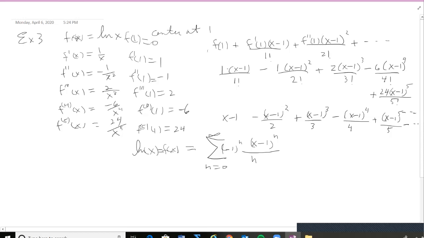Now you could look for the radius of convergence if you wanted to for this one. We weren't checking that here, but you could. Again, you'd be looking at this, and let's see if we simplify this one more step, and you're finding the limit.